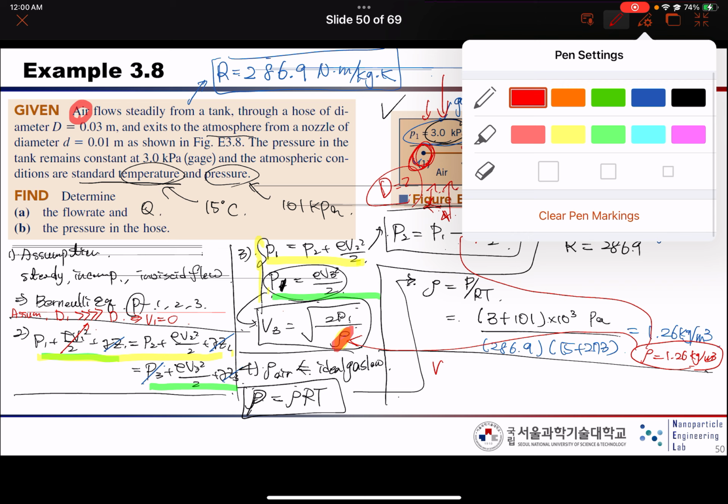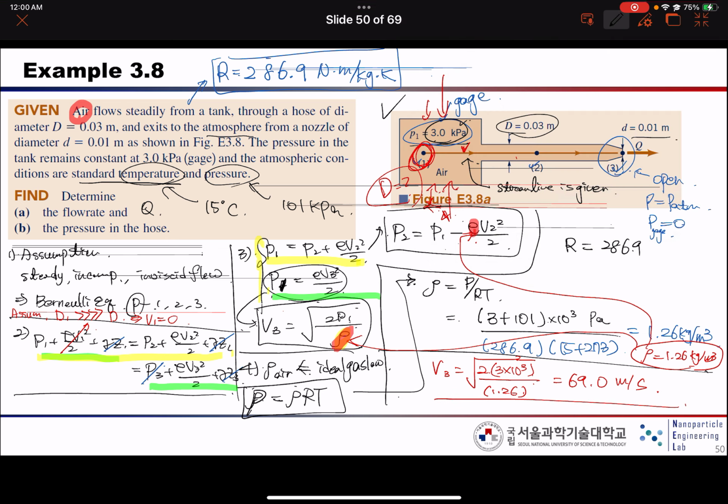So V3 is the square root of 2, P1 is the gauge pressure, 3 times 10 to the 3, kilopascal, and the density is 1.26. If you calculate this, the result should be 69.0 meter per second. Okay, so this is V3.